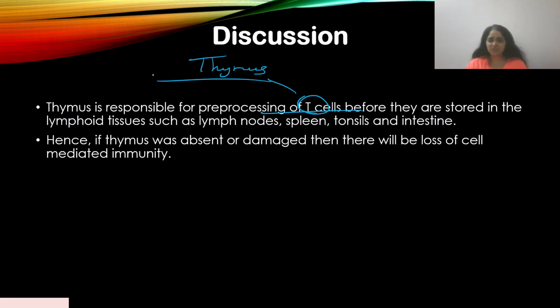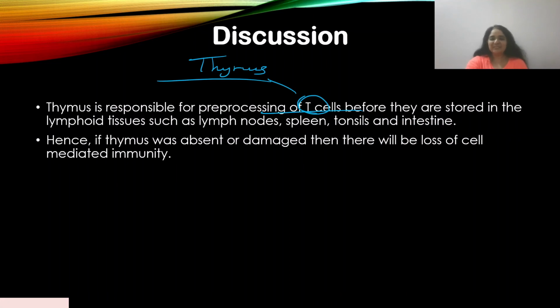Thymus is responsible for this before they are stored in the lymphoid tissues, the lymph nodes, spleen, tonsils, and intestine. So hence, if thymus was damaged or absent, then there will be loss of cell-mediated immunity. So thymus plays a very important role in cell-mediated immunity. Good question. You had to understand what the role of thymus is in the immunity.